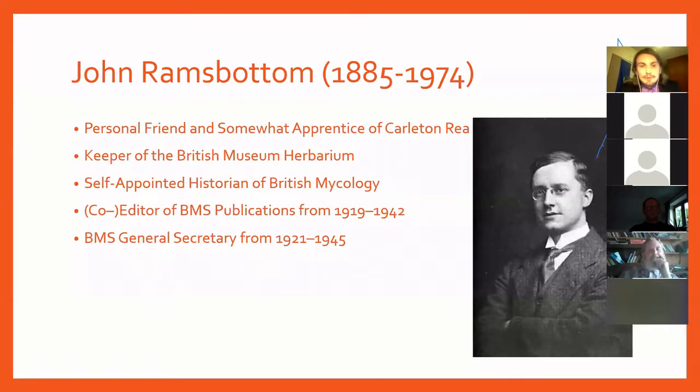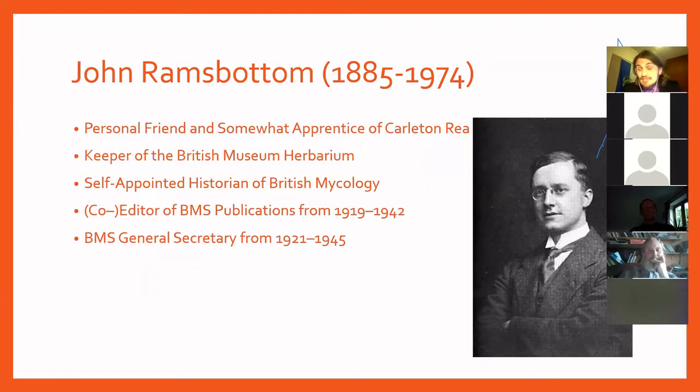Finally, we've got John Ramsbottom. He's a personal friend and somewhat apprentice of Carlton Rea. He was the former keeper of the British Museum Herbarium. He's a self-appointed historian of British mycology, and he produces a huge number of texts. He writes a history of Scottish mycology, a history of Essex mycology, and a substantial number of obituaries for many of mycology's first participants.